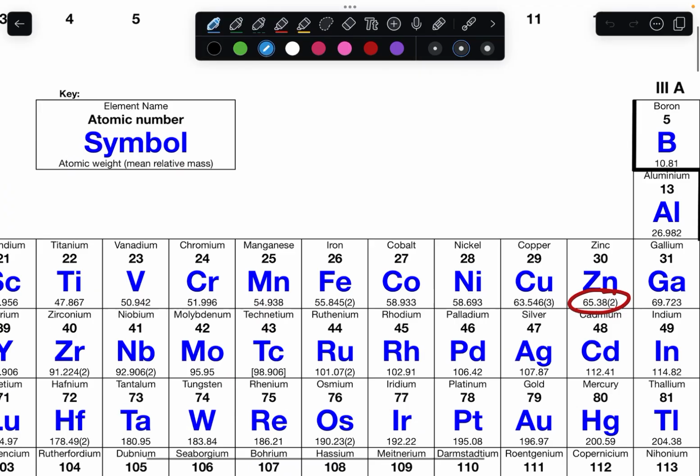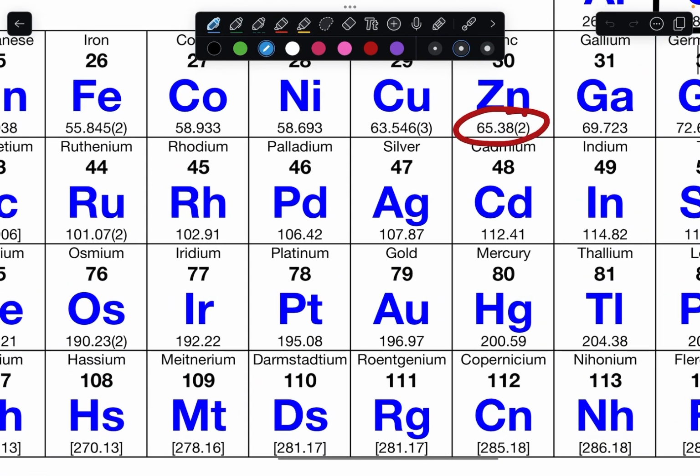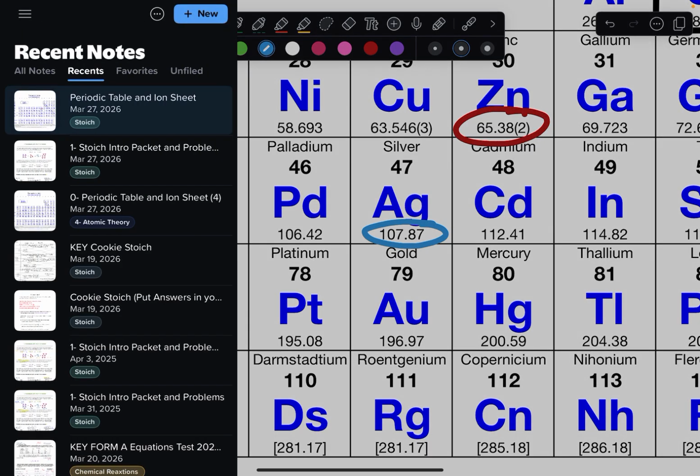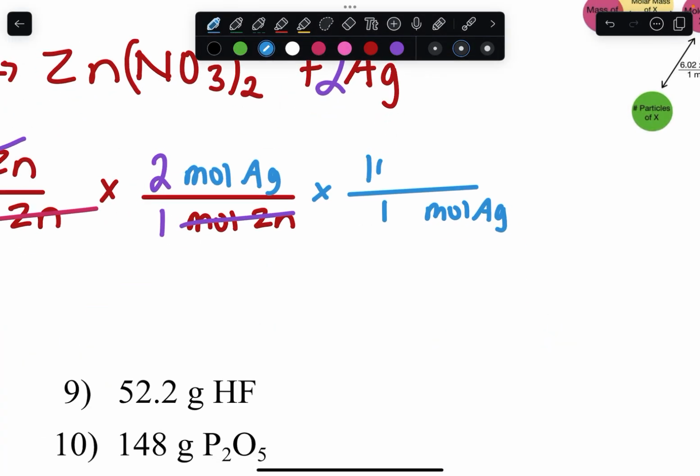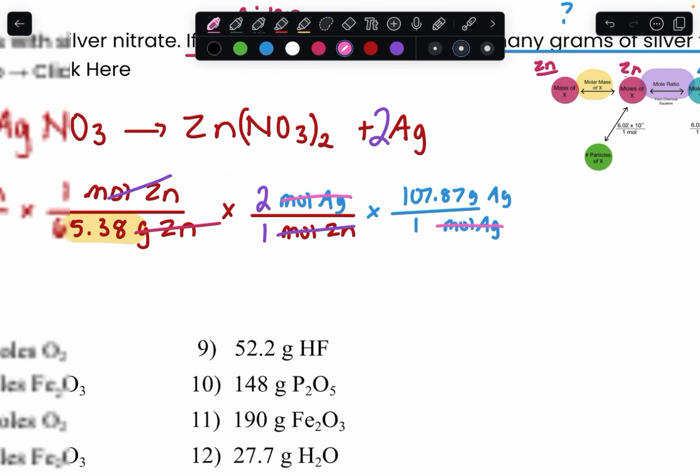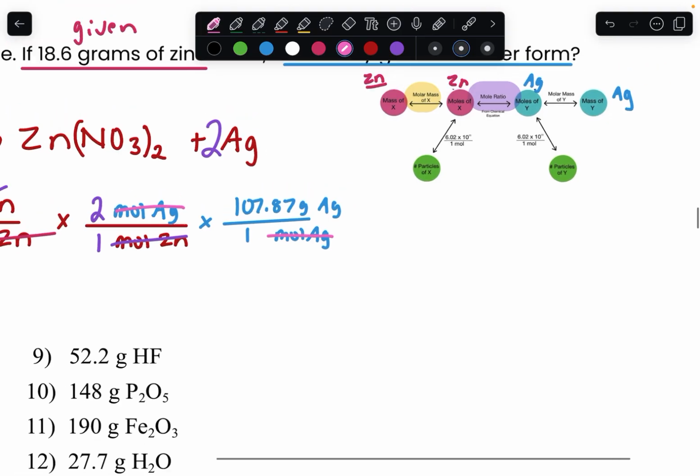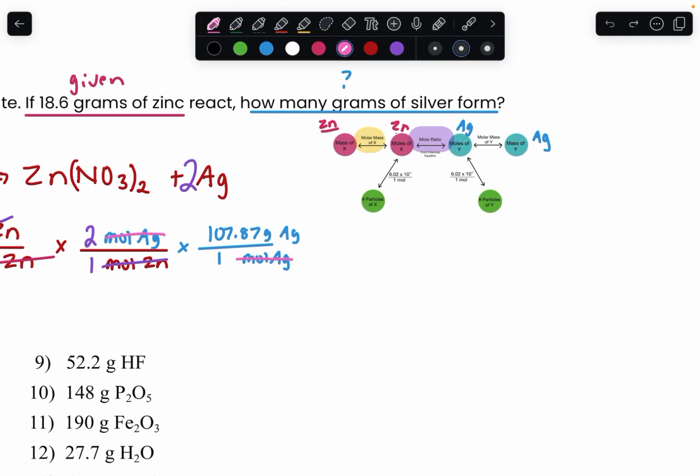Of course, we don't expect you to memorize that information, but we can find it right here on the periodic table, right below the elemental symbol for silver. 107.87 grams. Take a look at what just happened. Moles of silver have canceled, and I'm left with grams of silver. At this point, I am left with the unit I want, which was my mass of silver.